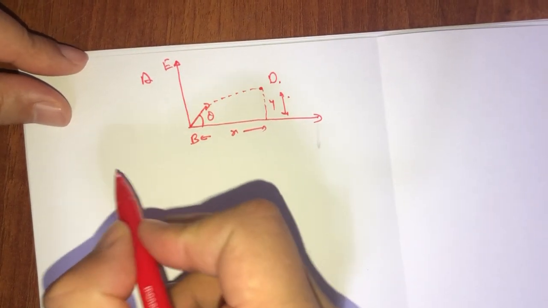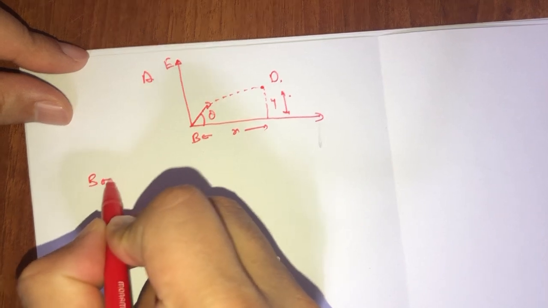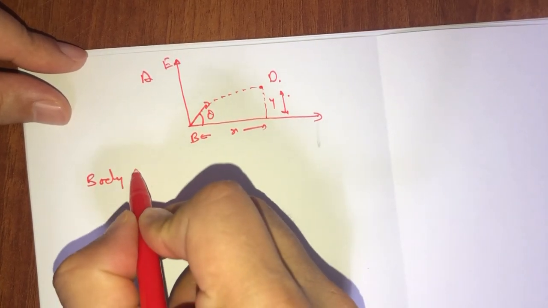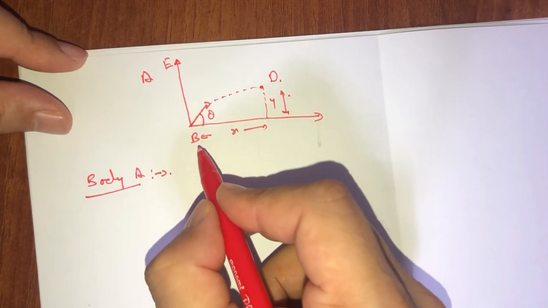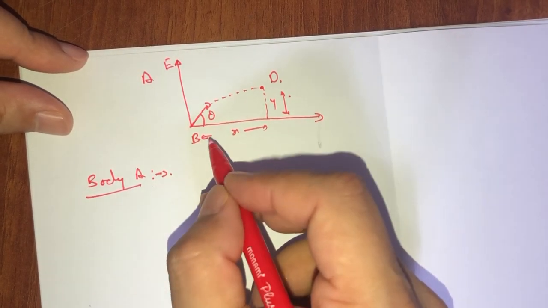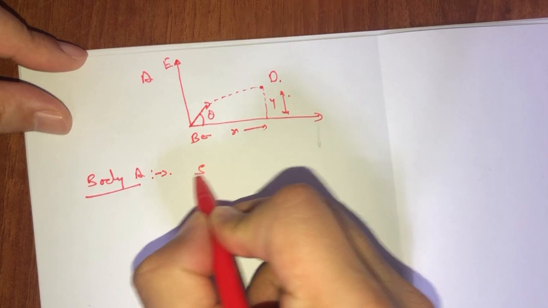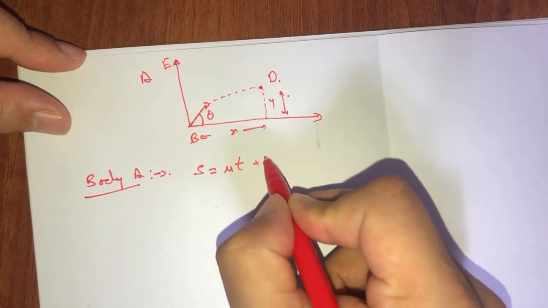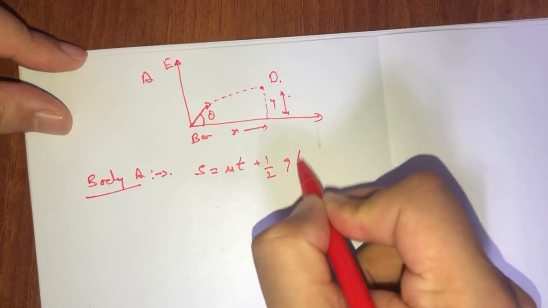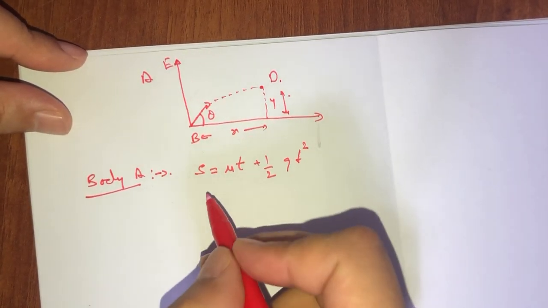So in case of body A, as it is thrown vertically upwards, we are going to use the relationship S is equal to ut plus half gt square.